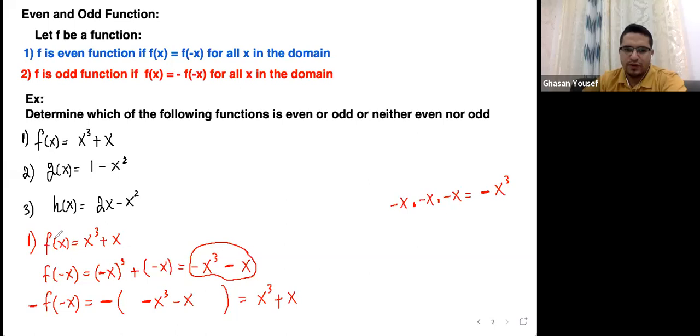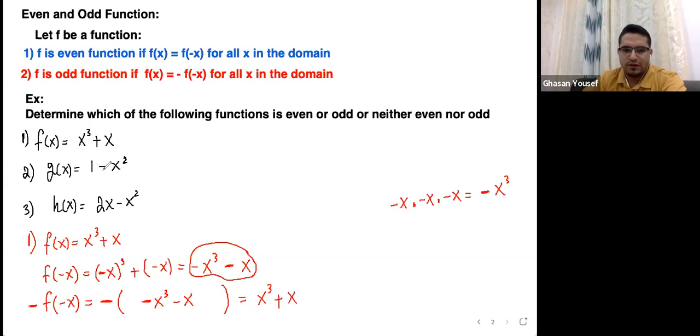So when you compare the first one with the second one, you check if the function is even, because the function will be even if f of x equals f of minus x. So you have to check if they are equal. To check if the function is odd, you have to check the first one, this function, with the third one.